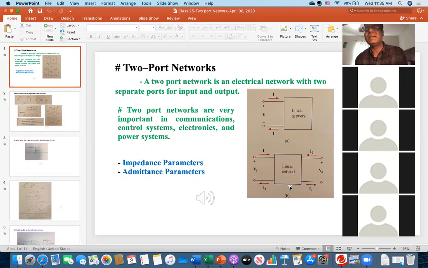I just wrote linear network and I am showing the relationship between the left side port and the right side port, but actually they are related, integrated with the help of the impedance parameters and admittance parameters. In other words, they are related through impedance in case of a series circuit, or admittance in case of a parallel circuit. So today we will be learning how we can calculate the impedance parameters or admittance parameters in a two-port network. From the next slide you can see in detail, and this is very interesting.